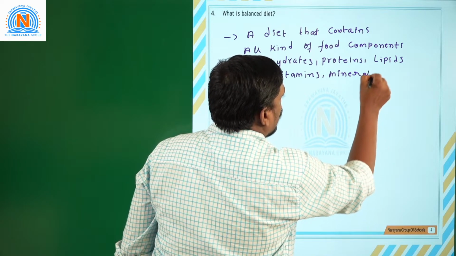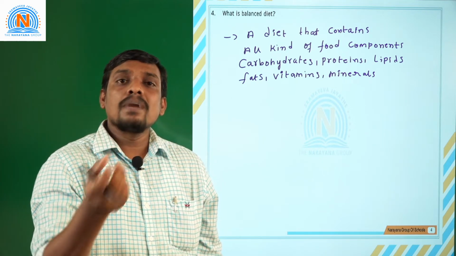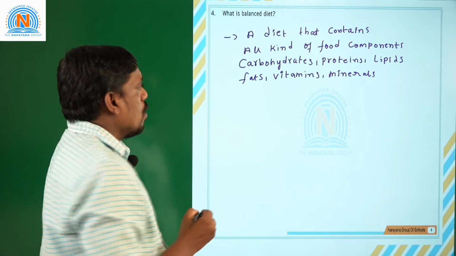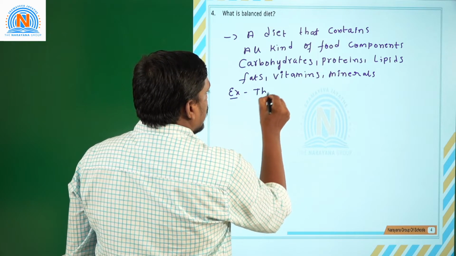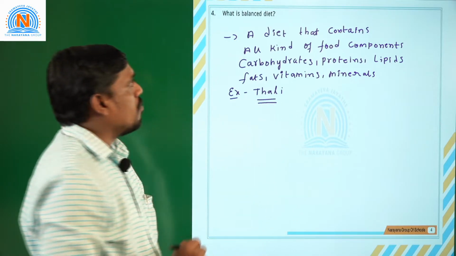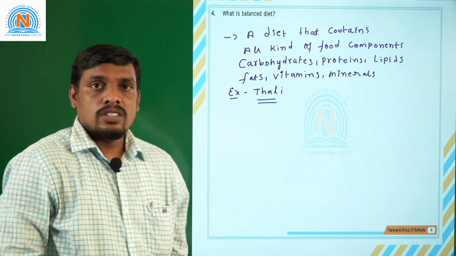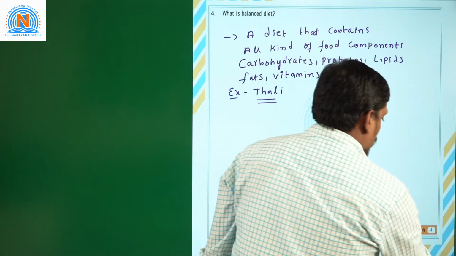So all these food components are seen in the one kind of food item called a balanced diet, isn't it? What is the best example of a balanced diet? The Indian traditional food called thali is considered the best example of a balanced diet. Clear, children? Moving on to the next question.